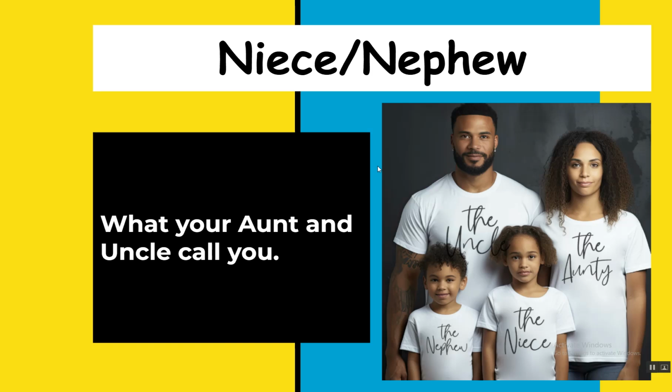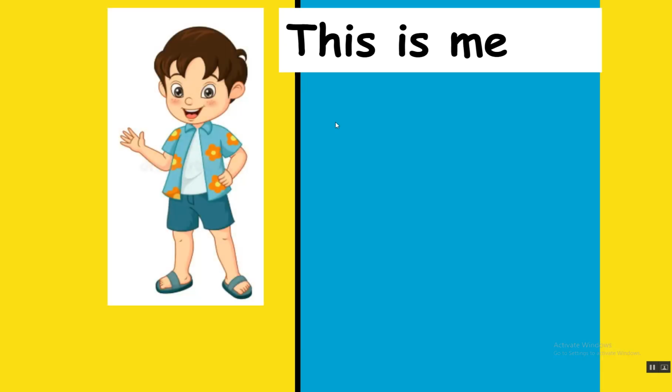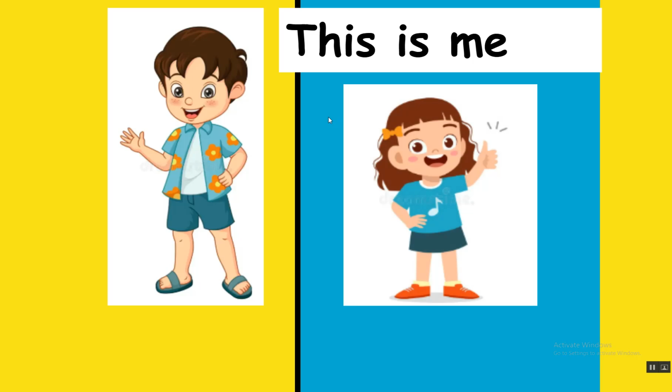You are still the daughter and son of your mum and dad, but to your aunt and uncle, you are the niece or the nephew. Niece is the girl, nephew is the boy. This is me. Or this is me. The boy or the girl.